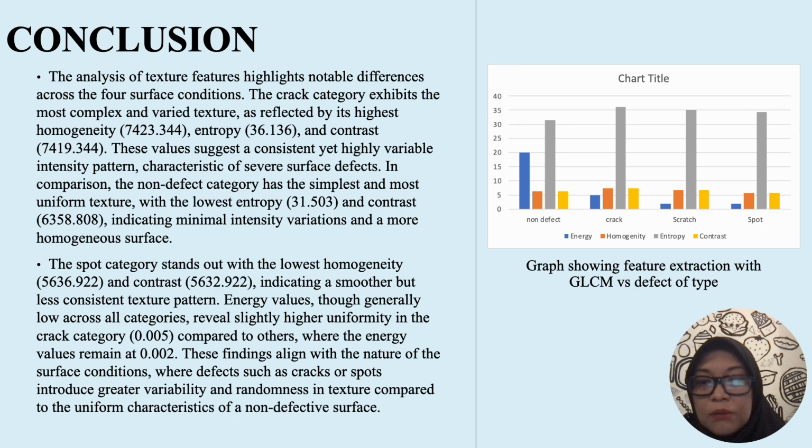Non-defective surfaces are the most uniform with low entropy, which is 31.503, and contrast 6,358.808. Spots have lower homogeneity, which is 5,636.922, and contrast 5,000, sorry, 632.922, showing a smoother, less consistent texture.